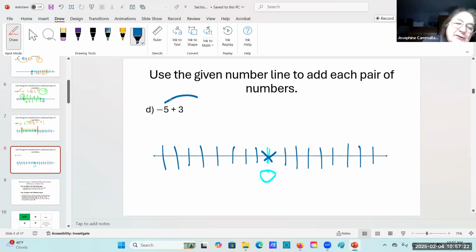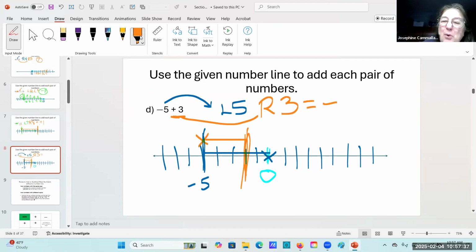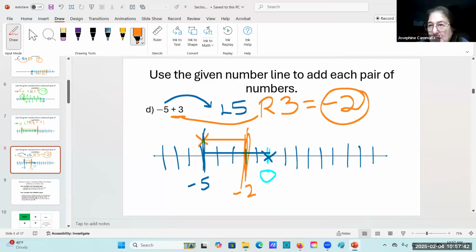Okay, this is -5. But this is saying right 3. From this place, I go 1, 2, 3. It's still to the left of 0. Where did I stop? -2. Okay.